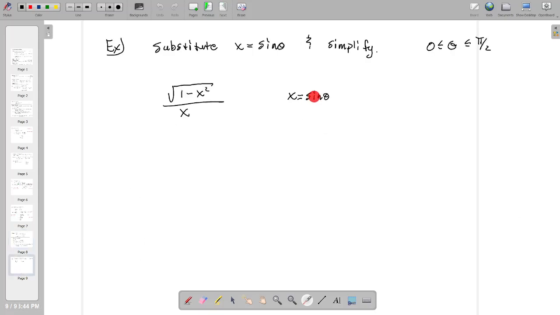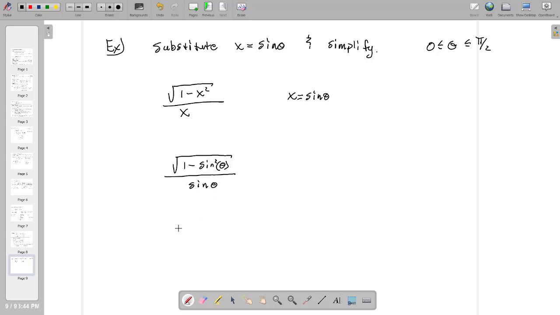So if we let x be sine theta, we plug that in, we get the square root of 1 minus sine squared theta, divided by sine theta.